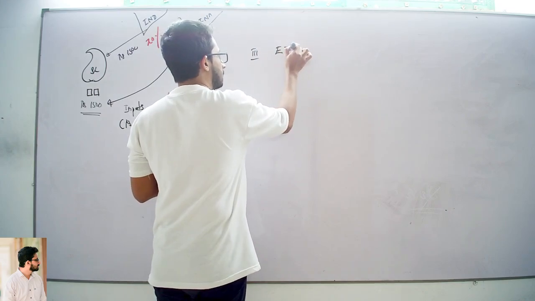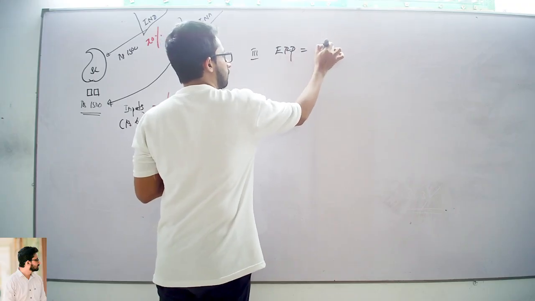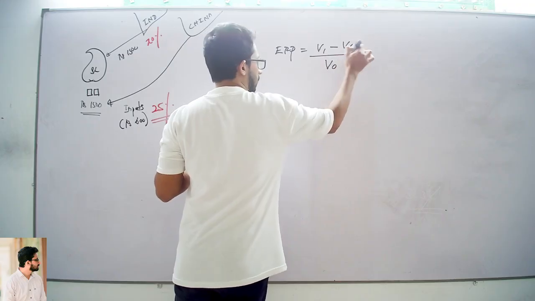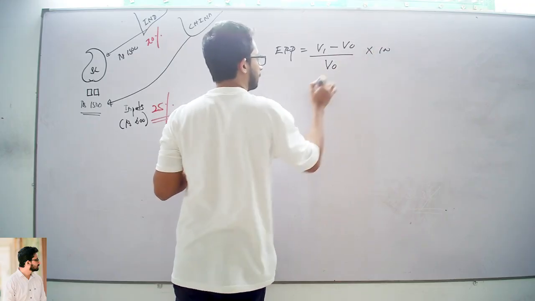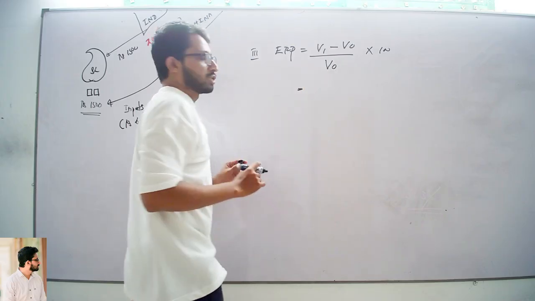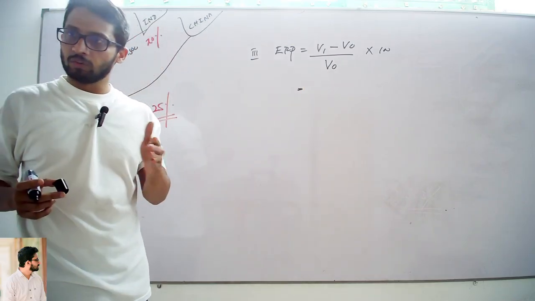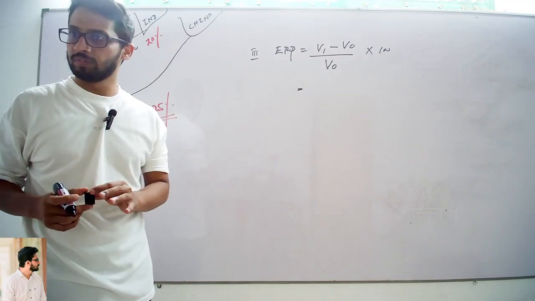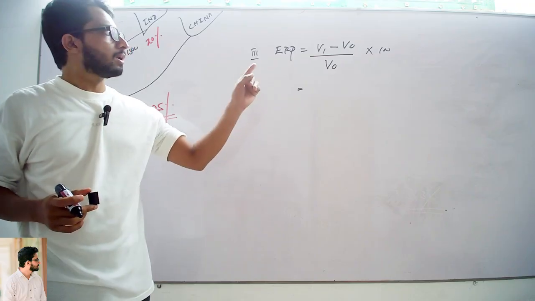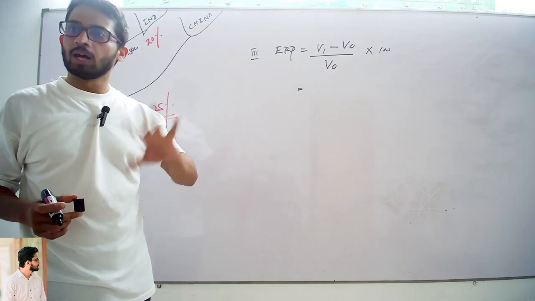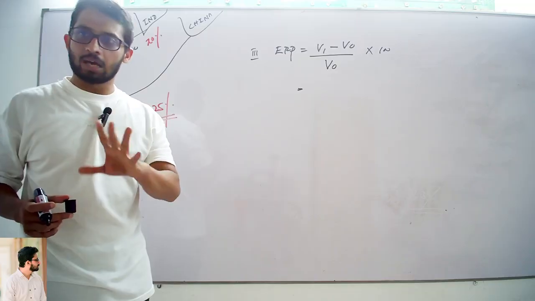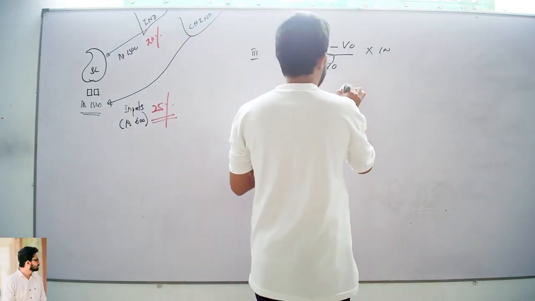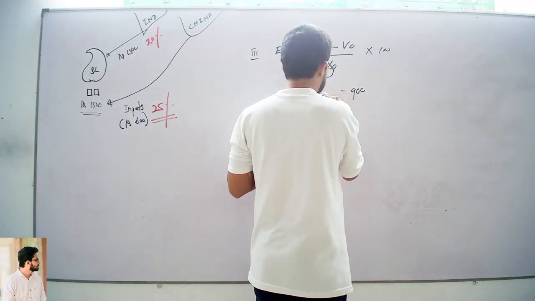ERP equals V1 minus V0 over V0 into 100. V1 means value added of the domestic product after tariff. V0 means before tariff, without tariff. We have already calculated that value. How much? V0 is 900.